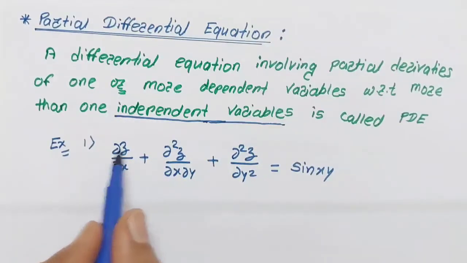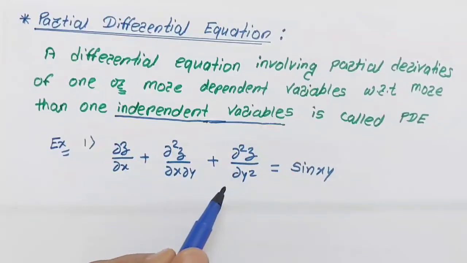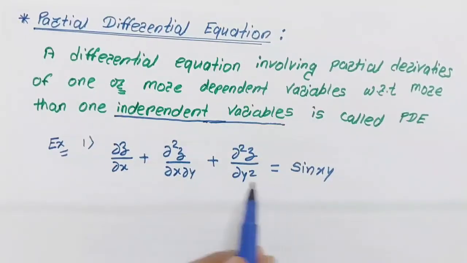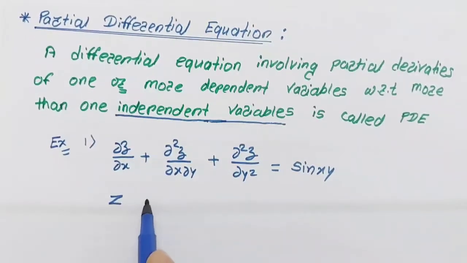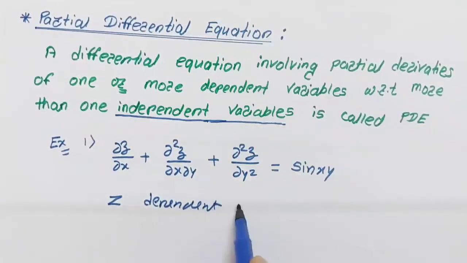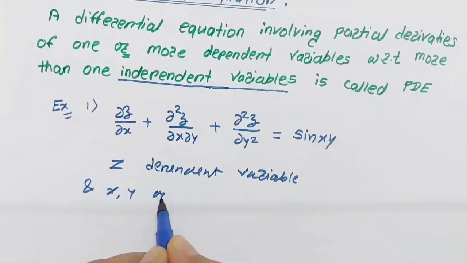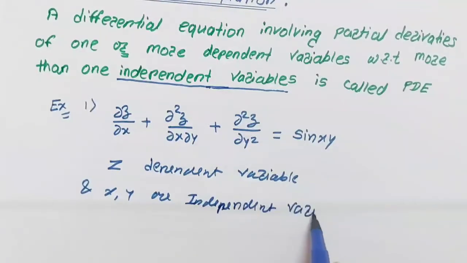See here, in this example, it contains the derivative of z with respect to x as well as the derivative of z with respect to y. That means here z is the dependent variable and x, y are independent variables.